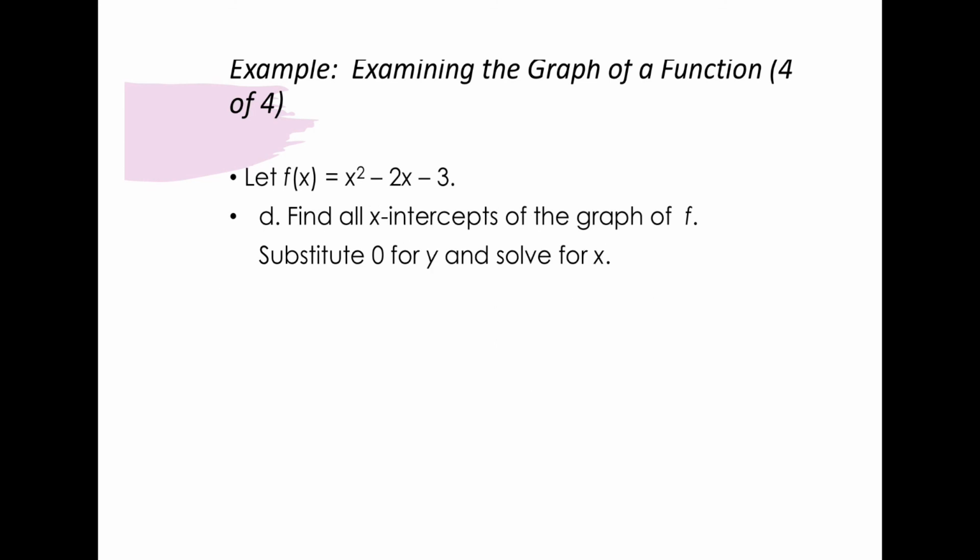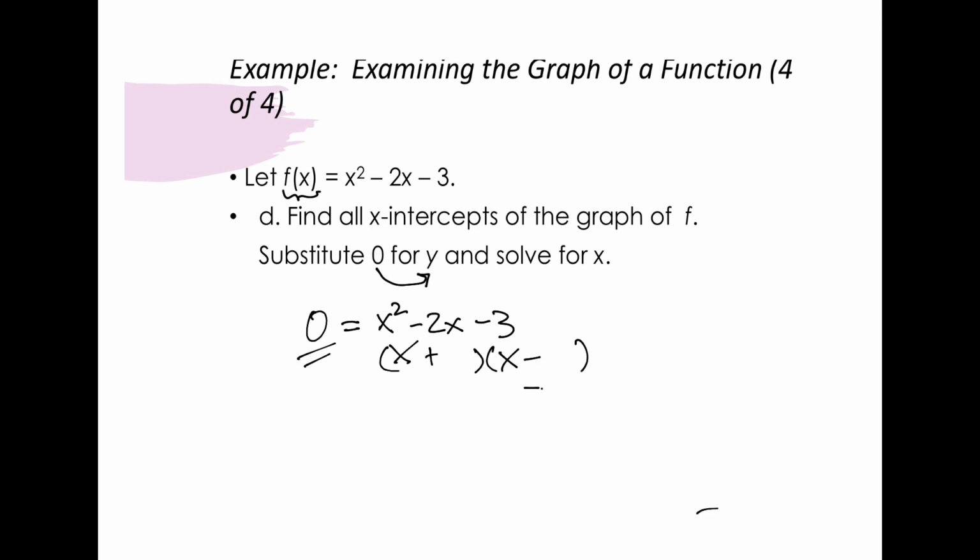Now x-intercept's not quite as easy, but remember that to find the x-intercepts, we put a 0 in for the y. Y is f of x. So instead of f of x, I'm going to put 0. And now I have to find the x values. Again, if it's set equal to 0, we can factor it and hopefully get to a result that we like.